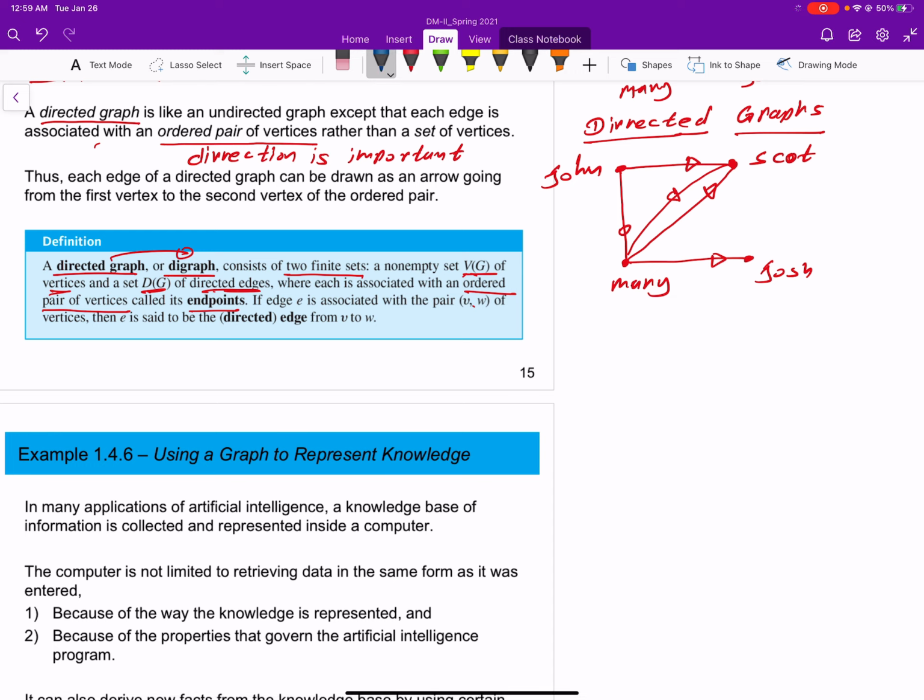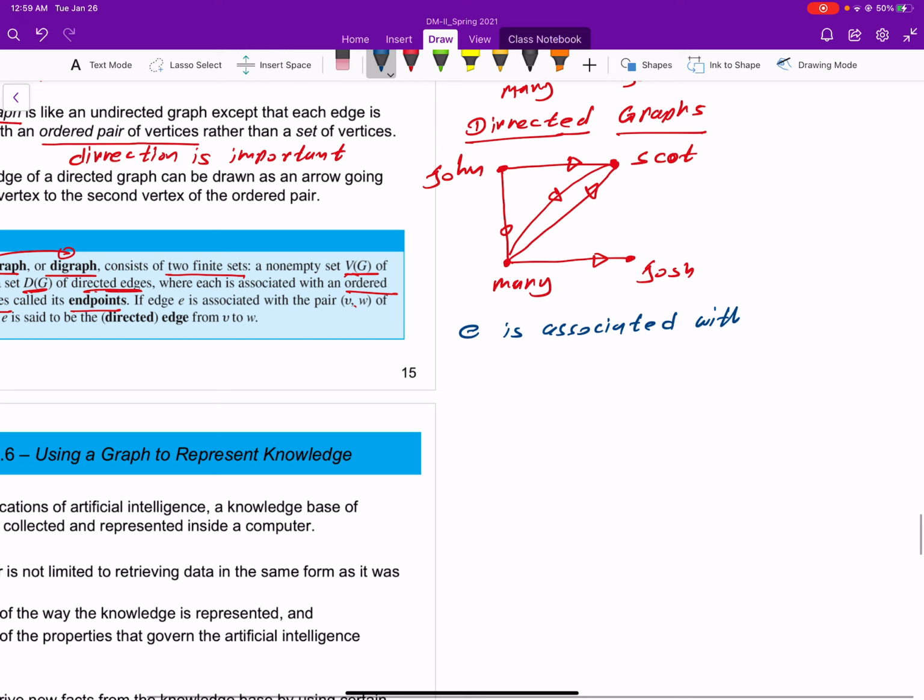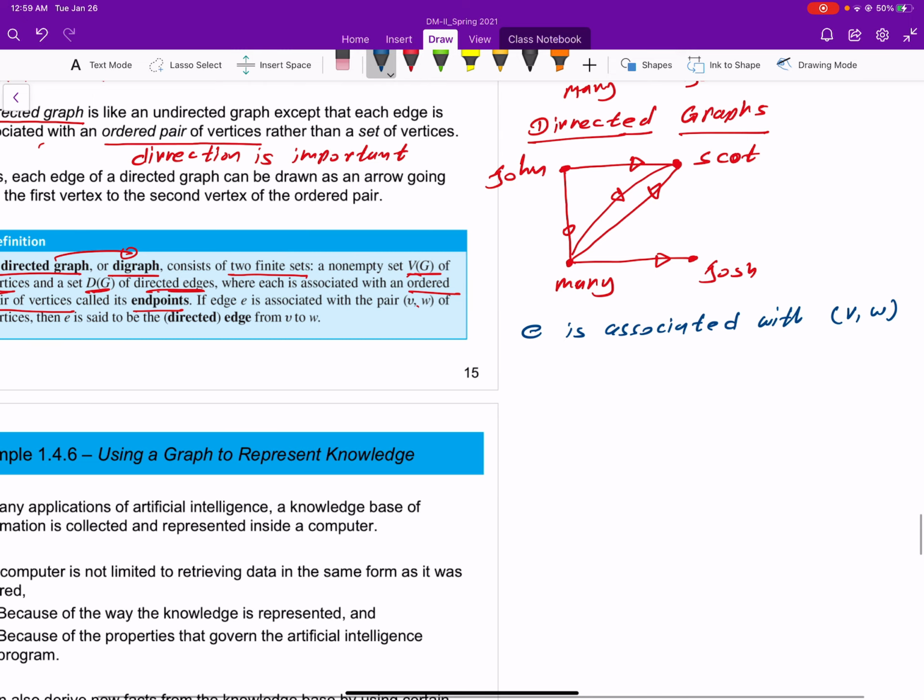Let's say you have this e associated with the pair (v, w).